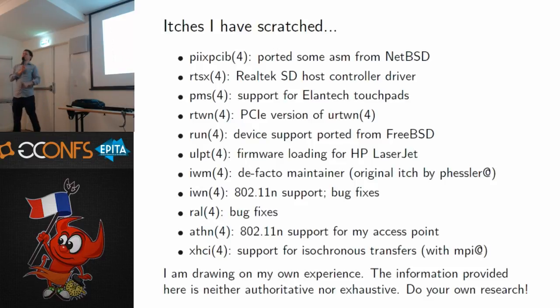And then I added glue code around that to make it integrate with APM and so on. Other things I've done are host SD card drivers, drivers for touchpads, and a lot of Wi-Fi. And lately I've been looking into USB a bit, because one of my laptops doesn't have audio without it.